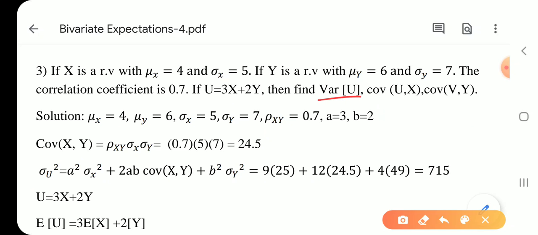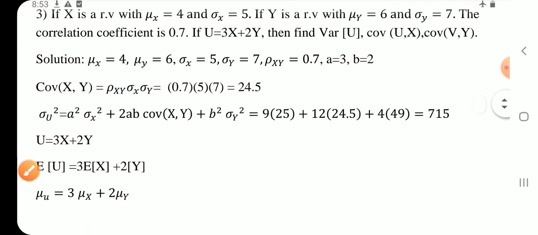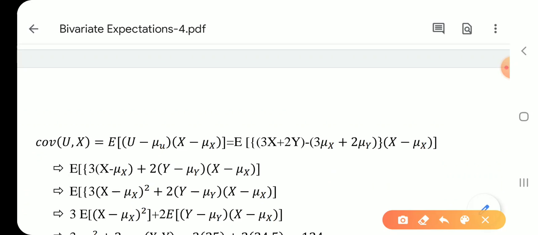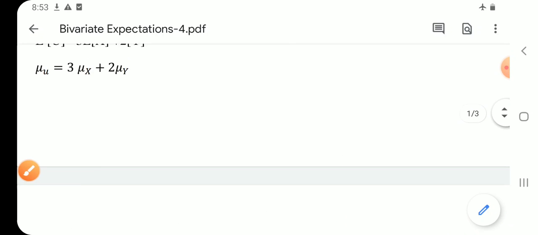Now, let us find covariance of ux. To find the covariance of ux, we have to derive this. Covariance of ux can be written as expectation of u minus mu u into x minus mu x. Here we want the value of mu u, so before we derive this, first let us find the value of mu u.